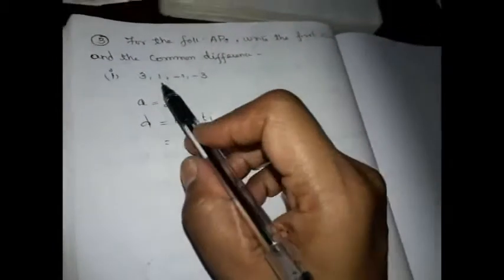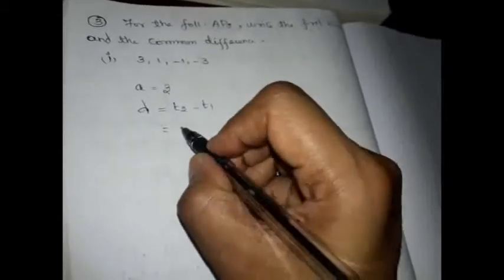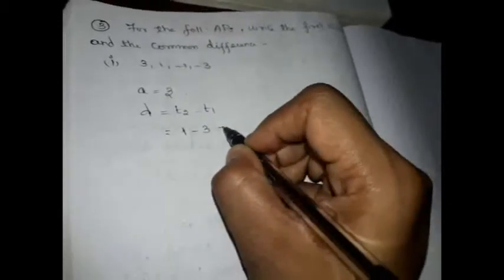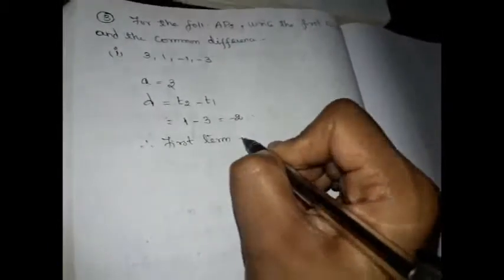All are going to be the same only. So it is enough if you choose any 2 numbers and find the difference. So I am going to take the first 2 numbers, second term minus the first term. So 1 minus 3, which is equal to minus 2. Therefore the first term is 3 and the common difference is minus 2, right?